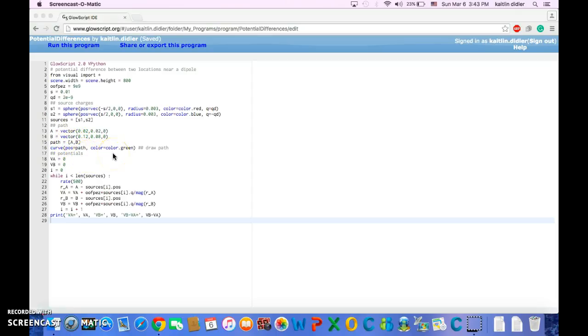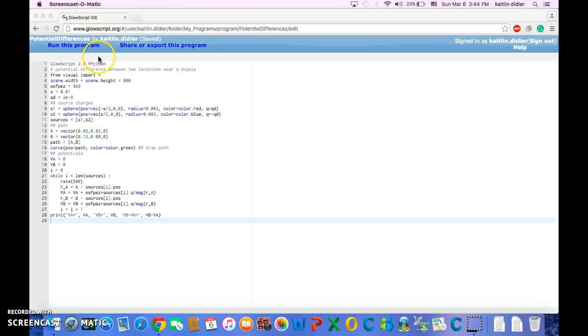So now we're just defining that the path is going to be green, and so the initial potential for A and B is going to be 0, and so this is just defining all of the equations and getting the equations together, and this last line will actually print what we want to see, which is the dipole and those differences, VB minus VA, and we'll print the actual number.